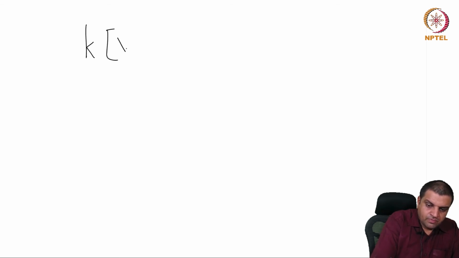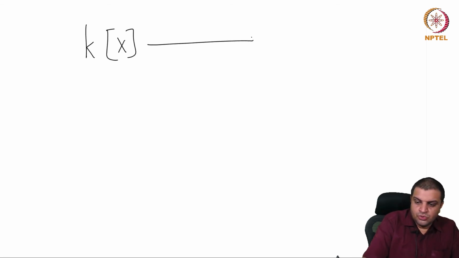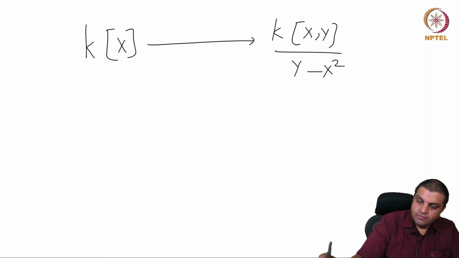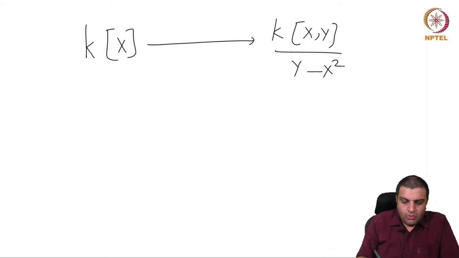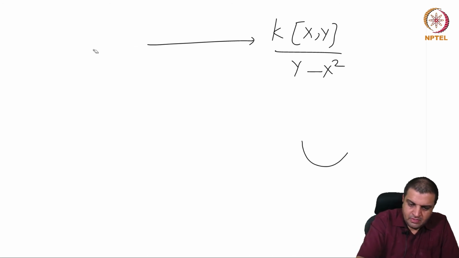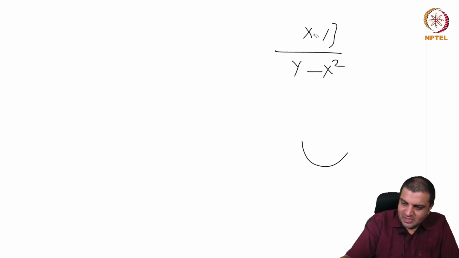So the map is Kx to Kxy mod y minus x squared. So here is the parabola. Because I want to project to the x-axis, let me reorient the diagram.